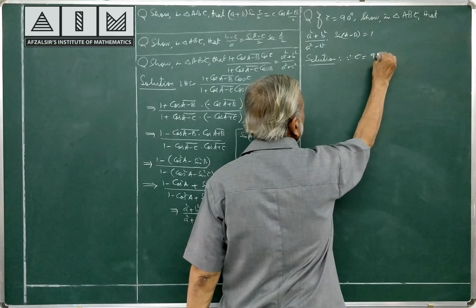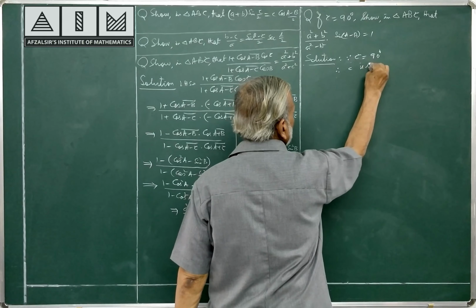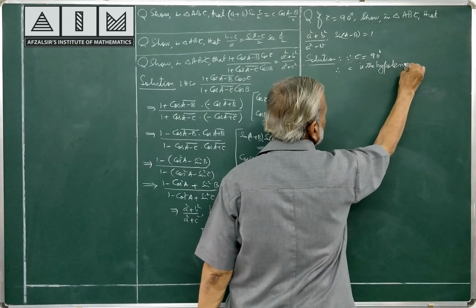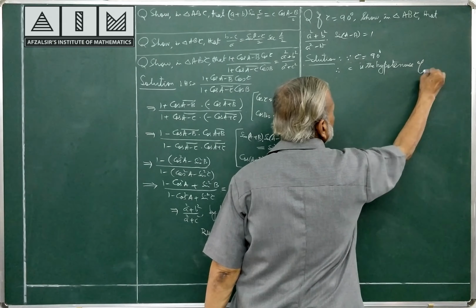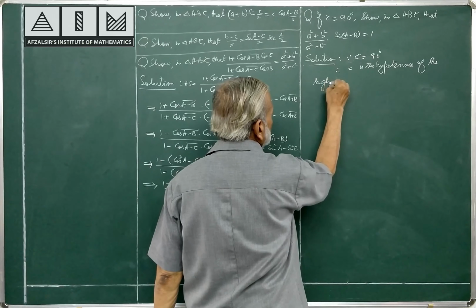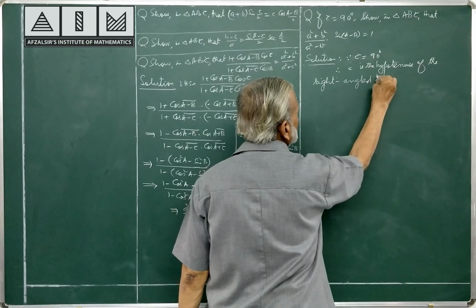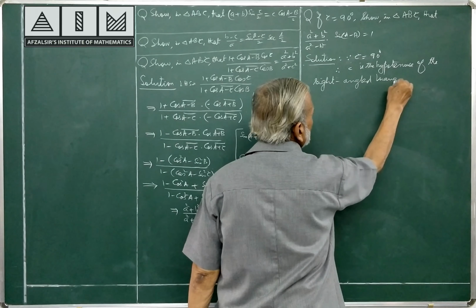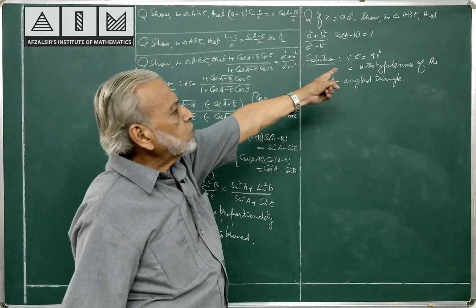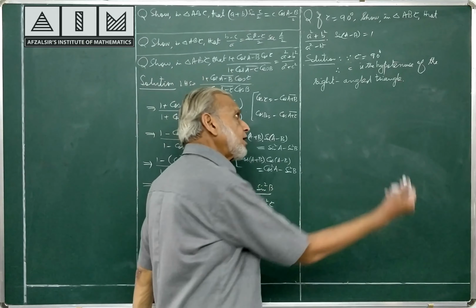Since C is equal to 90 degrees, therefore small c is the hypotenuse of the right angle triangle. Have a look here.